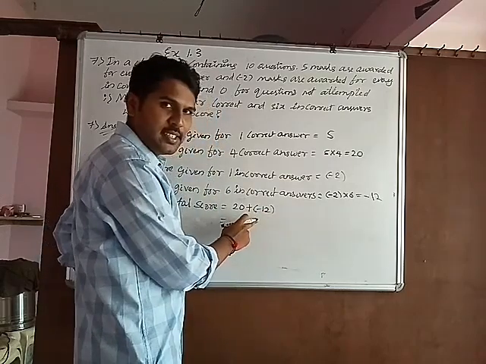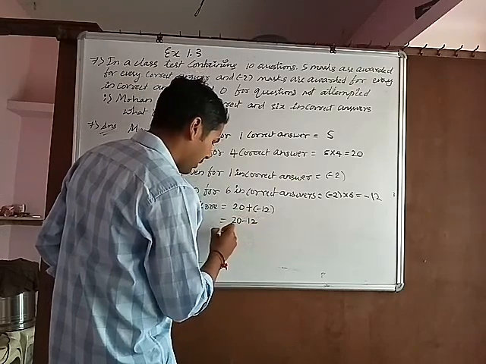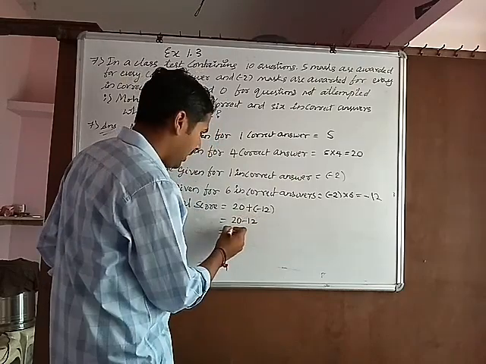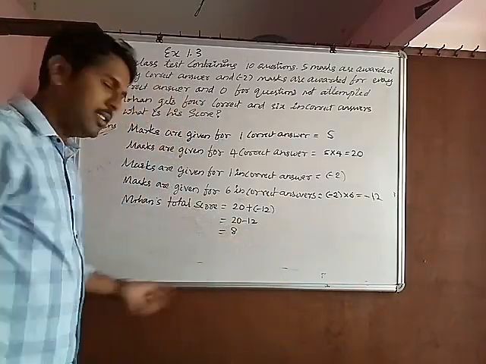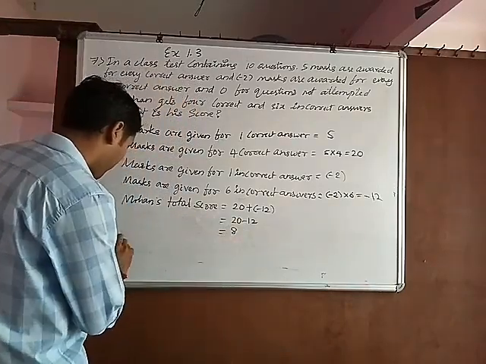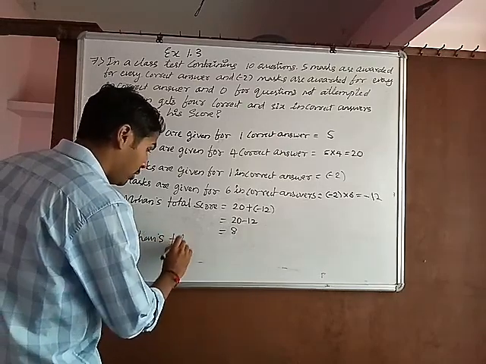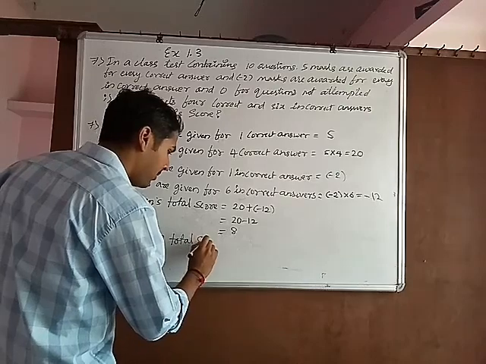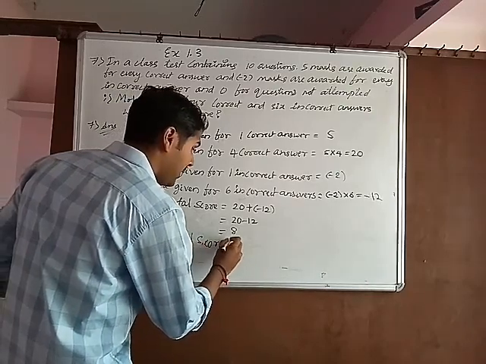Plus into minus, 20 minus 12. What will we get as the answer? 20 minus 12, 8. Therefore Mohan's total score is 8.